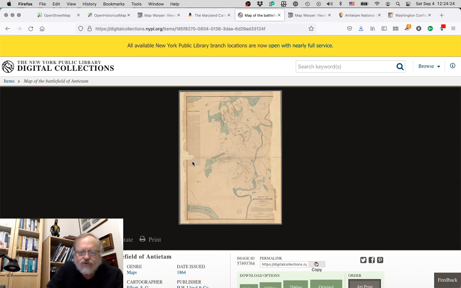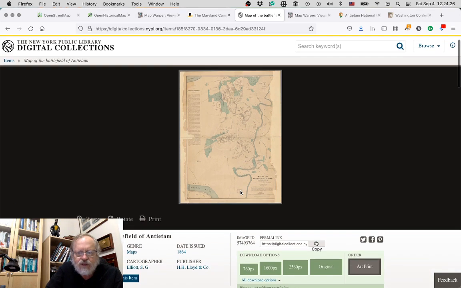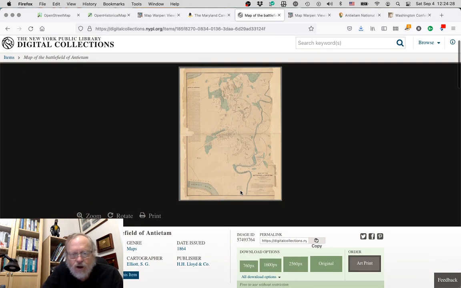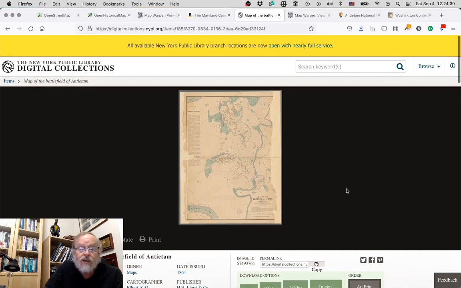It's a little bit of a pain to zoom in here, because unfortunately the New York Public Library doesn't seem to be putting this stuff into their MapWarper implementation anymore. The NYPL MapWarper project is sitting there and will probably eventually bit rot.